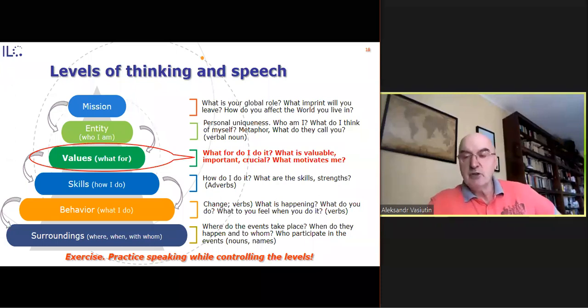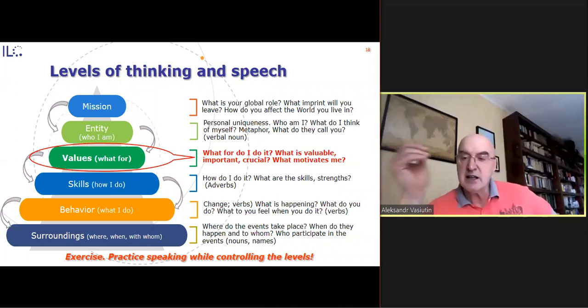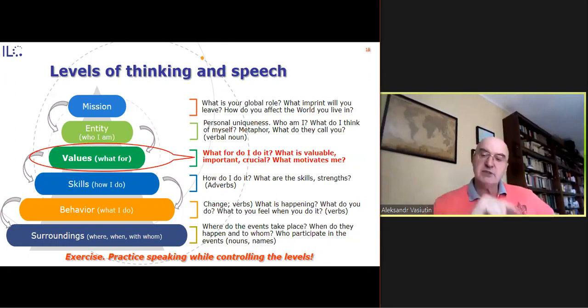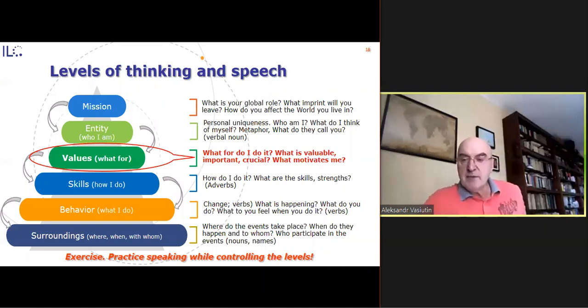And finally, there is a higher level that is your mission, your global role, your footprint in other people and the universe, and the way you affect the world where you live. And those effects you create for those who are near and dear to you.